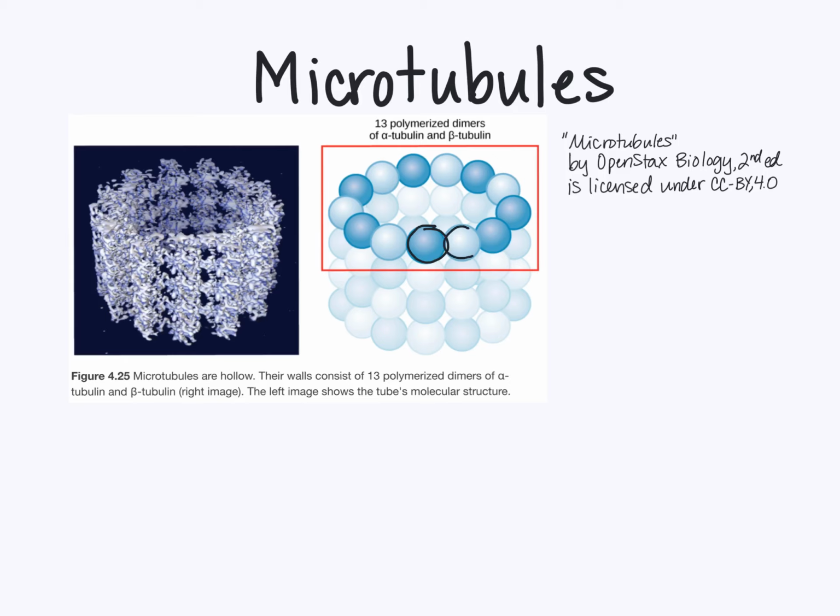Each one of these spheres would be a protein molecule, but they stick together like a beaded necklace, kind of like actin, but they form a hollow cylindrical structure of protein fibers. So the inside here is actually hollow, almost like a hollow tube of spherical proteins formed into a cylindrical shape.